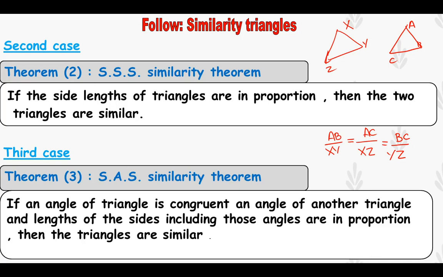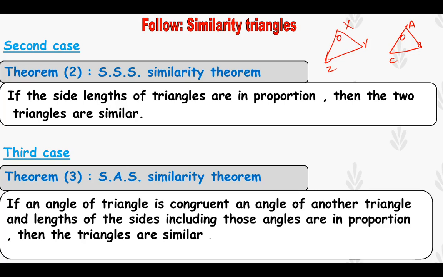And what about the third case? Here, the third case: if ABC is a triangle and XYZ is another triangle, if the measure of angle A equals the measure of angle X, here if an angle of a triangle is congruent to an angle of another triangle, okay?